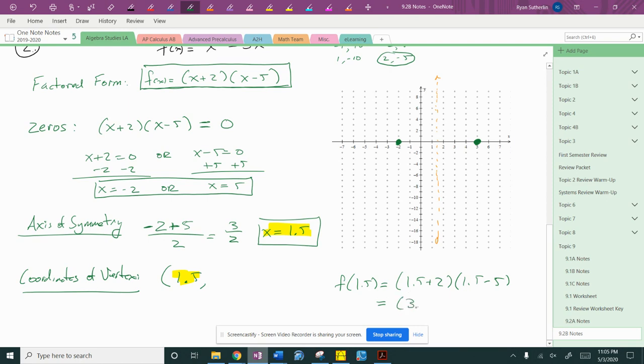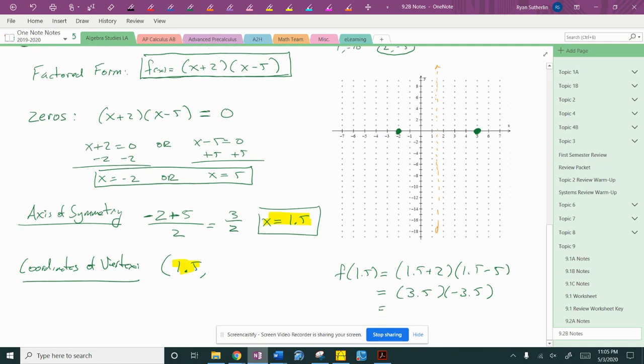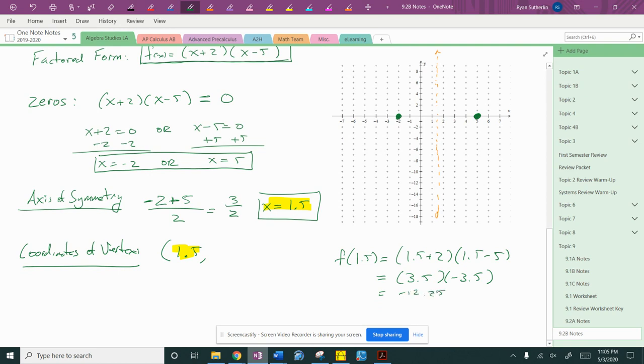That becomes 3.5 times negative 3.5, and if I do that, I get negative 12.25. So there is the y-coordinate of my vertex. If you know this, you don't have to remember that formula, opposite of b over 2a. It gives you something you can use no matter what, as long as it can be factored. Then I'm going to sketch in, and there is our parabola.